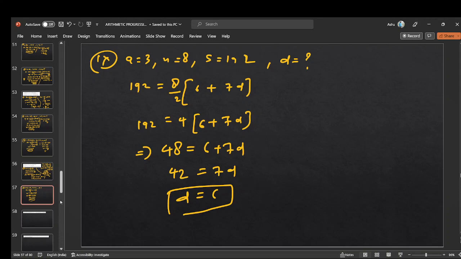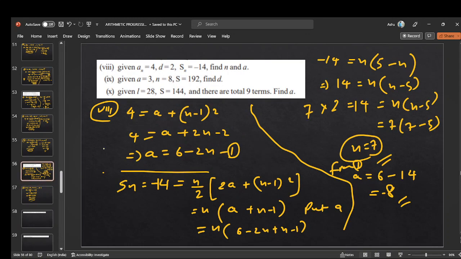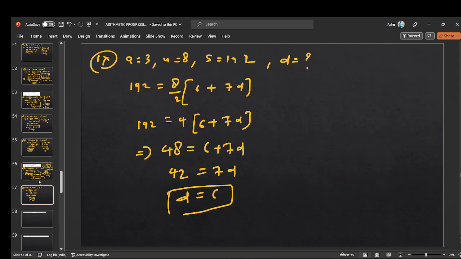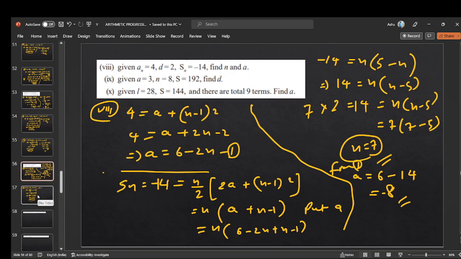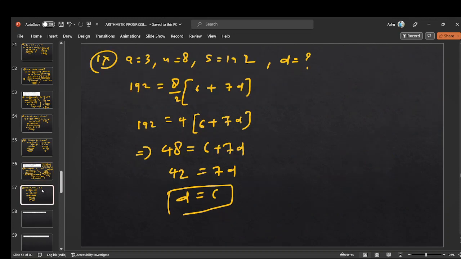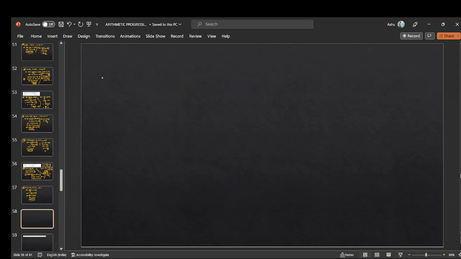That is the answer. Now for the 10th part, l last term is given 28 and S is 144. There are total 9 terms. Find a. Clear? Now for the 10th question.